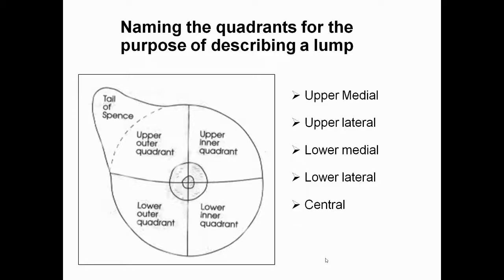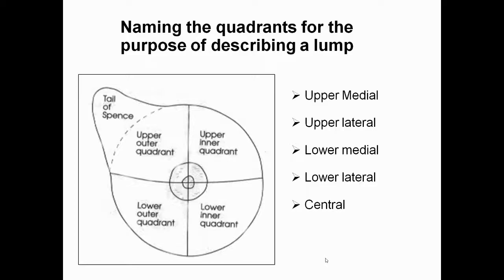There are four quadrants of the breast. The breast is a circular structure, and we divide it into four equal regions that we call quadrants. Two quadrants are situated on the upper side, the upper quadrants, and in the horizontal plane, the quadrants below this line are the lower quadrants.